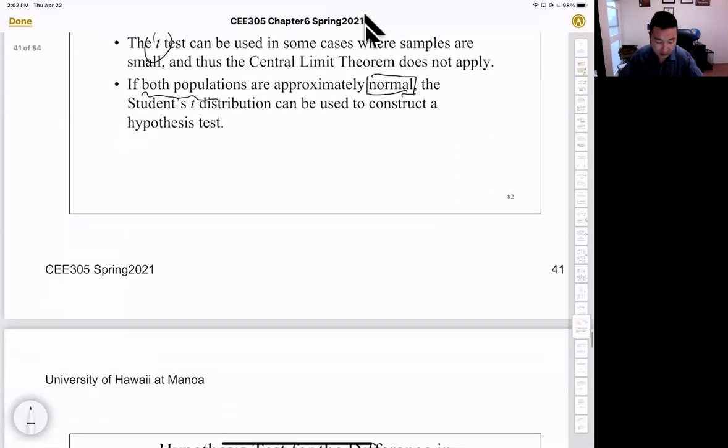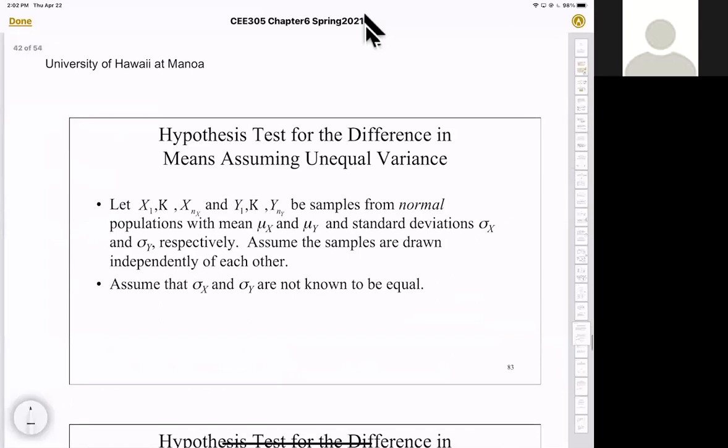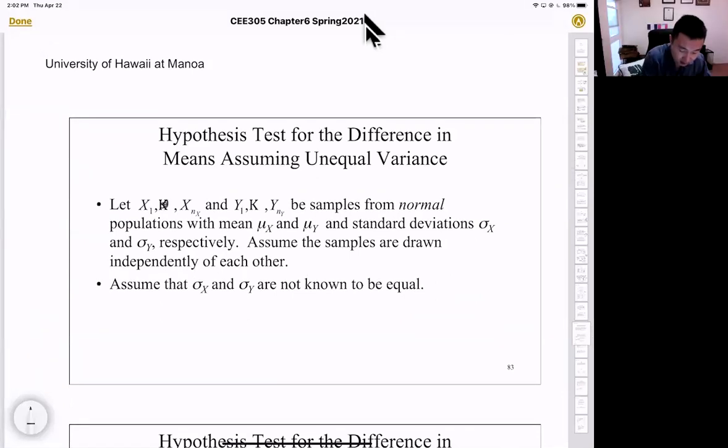So here is the setup. x1, x2, ..., xn and y1, y2, ..., yn are small samples from normal populations. Again, this is the condition. Mean values mu x, mu y, standard deviations sigma x and sigma y.